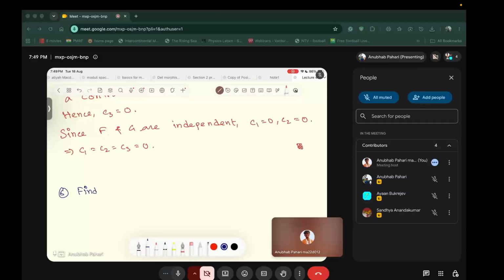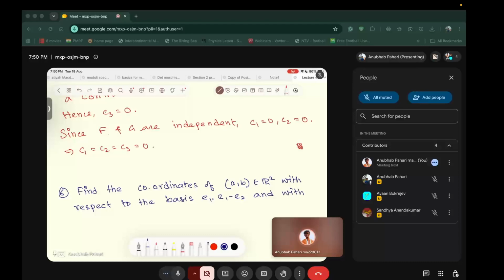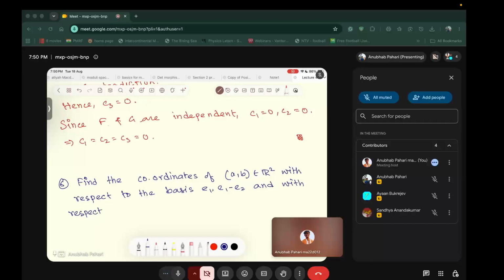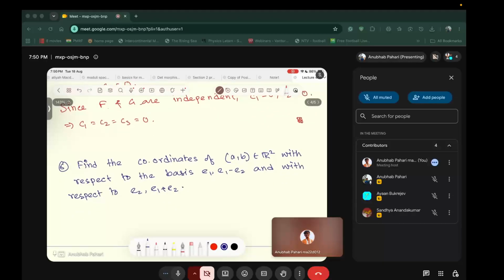Find the coordinates of (a, b) in R2 with respect to the basis e1, minus e2, and with respect to e2, e1 plus e2, where e1 is (1, 0) and e2 is (0, 1).